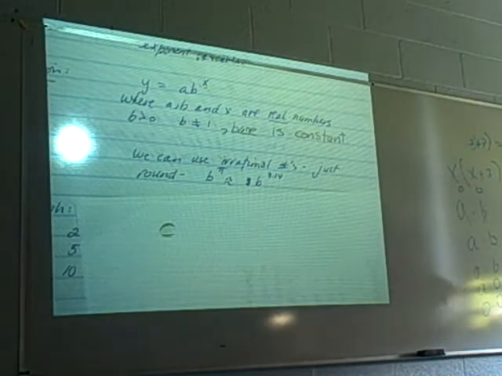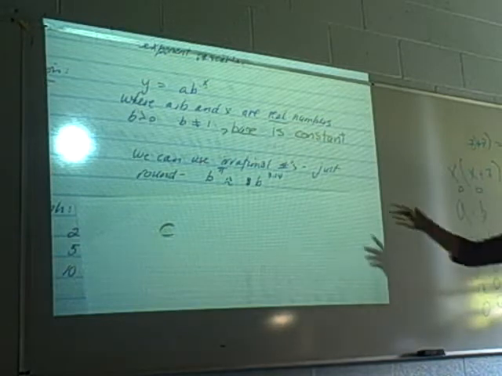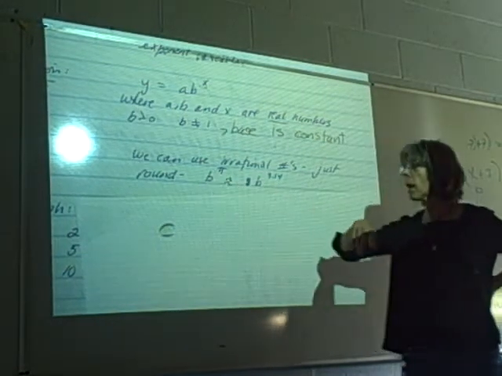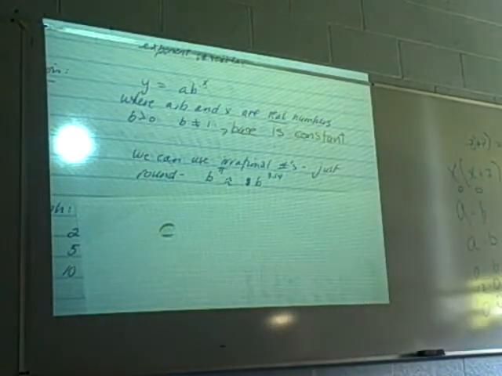And we will just round. For instance, if we had b to pi, or we're going to use e. It sounds like some of you are familiar with e. So we can use irrational numbers. Remember, they're real numbers. And we would just round it to b to 3.14. Okay?